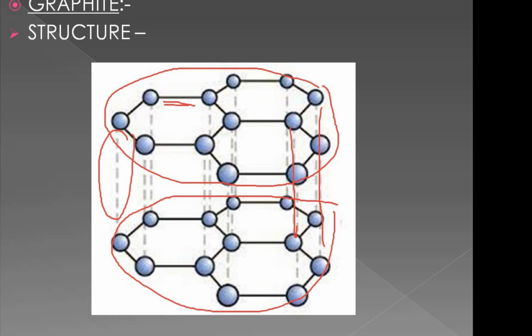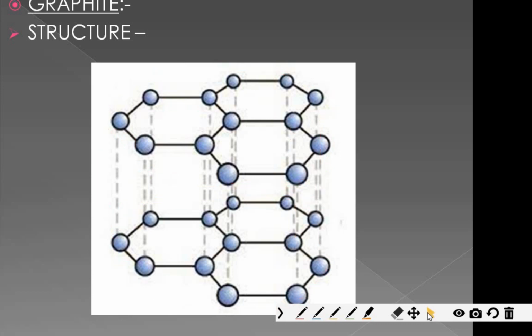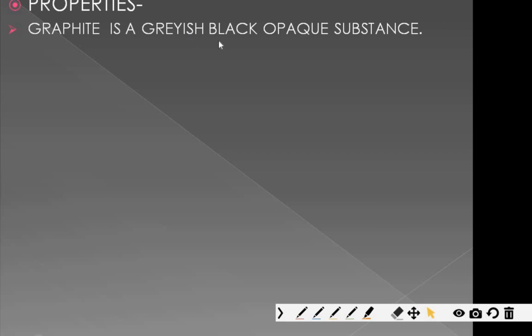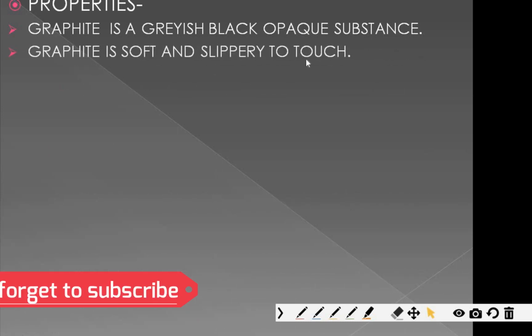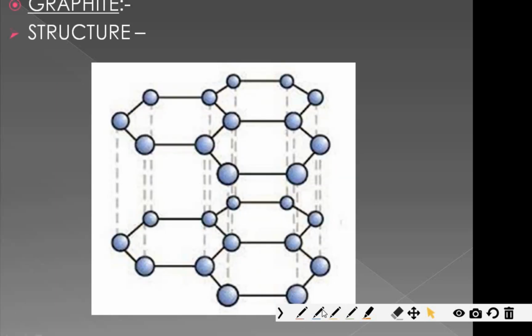Okay, now if we see the properties of graphite, the first property we have is that graphite is a grayish black opaque substance. Okay, this is a color. Now graphite is soft and slippery to touch. I told you before that it is soft. Why is it soft?